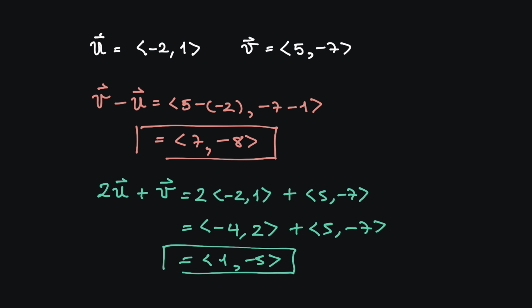We can do another example. Let's suppose that we have vectors in unit vector form. Let's suppose that we have vector M, equal to 2i plus j, and vector N, equal to -i minus 5j.